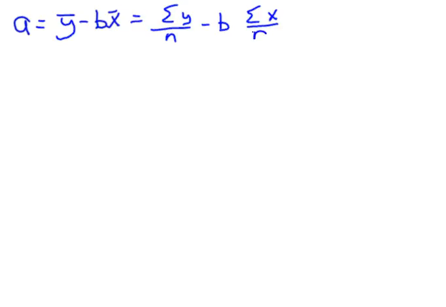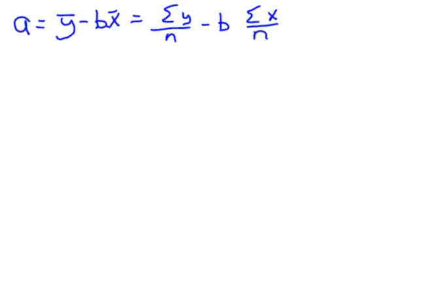So write down your choice for A. Now the two formulas you could have, remember the y bar minus b times x bar, that's the sum of the y's over n minus b times the sum of the x's over n. This version of it lets you keep all your formulas in terms of summations as opposed to going and actually looking up y bar and x bar.